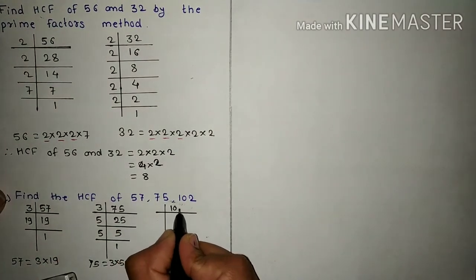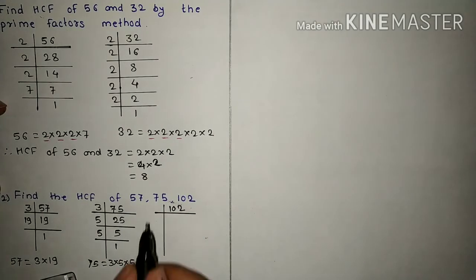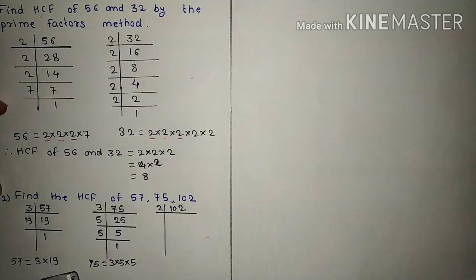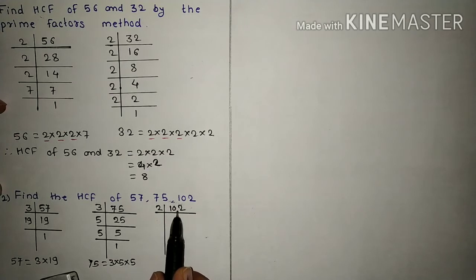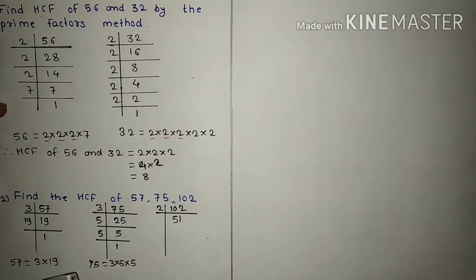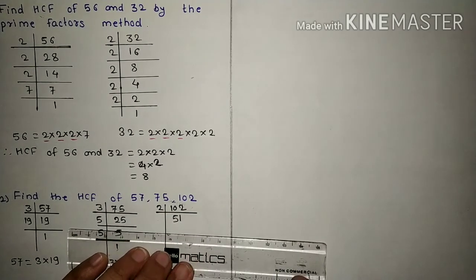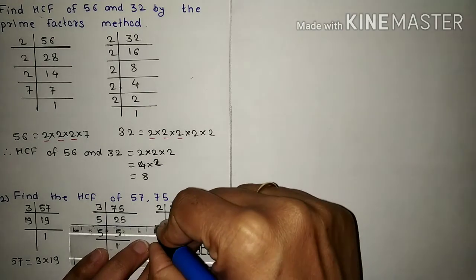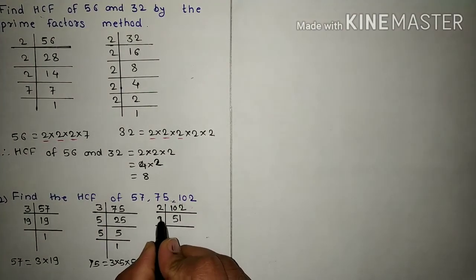Here write 102. 102 is divisible by 2. When we divide 102 by 2, we get 51. Now 51 is divisible by 3.